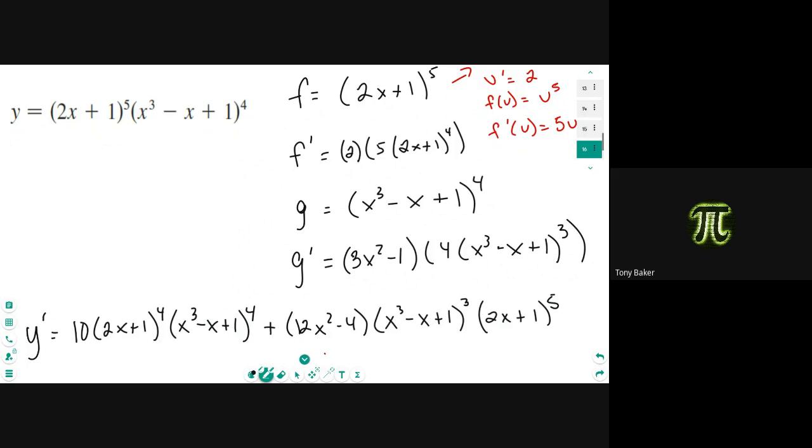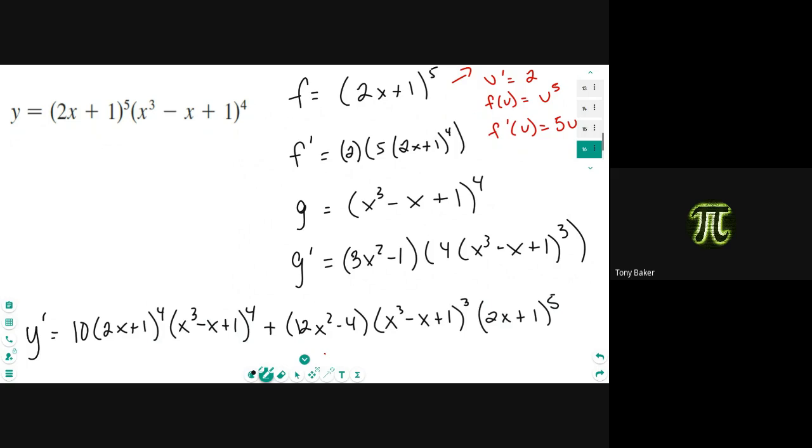That's how I save you time of sitting there spending a half hour doing one problem on the test. Because I think the foiling all that out would probably take you 5 times as long as actually doing the step that gets there. And that's not what I'm testing you on. I want to know you know how to do chain rule, and I want to know that you know how to do the product rule.